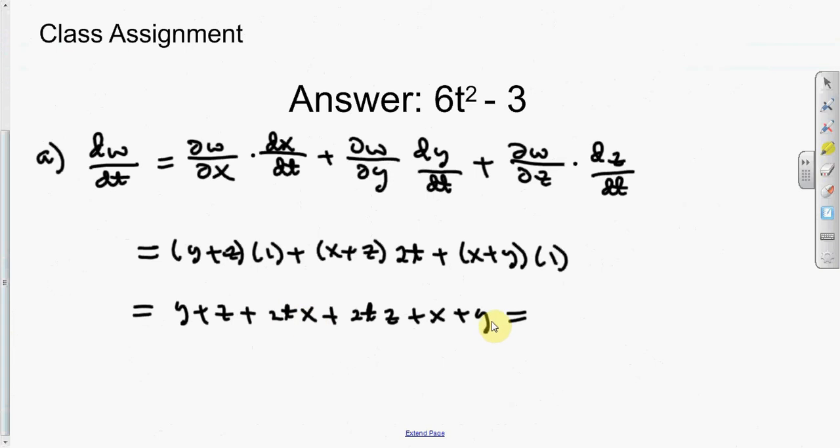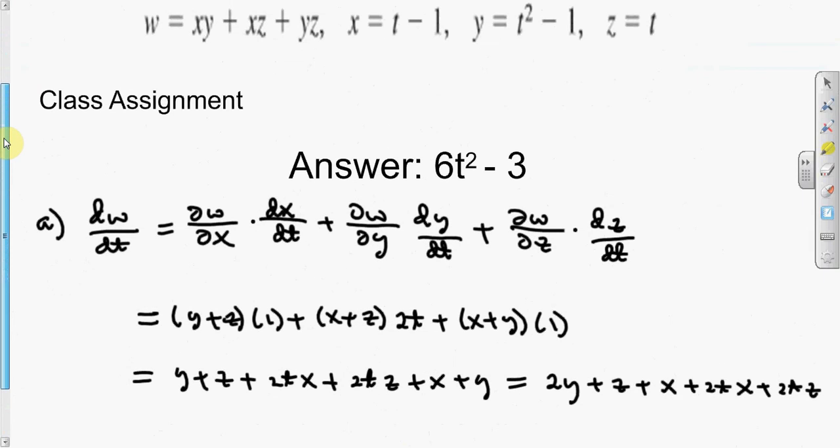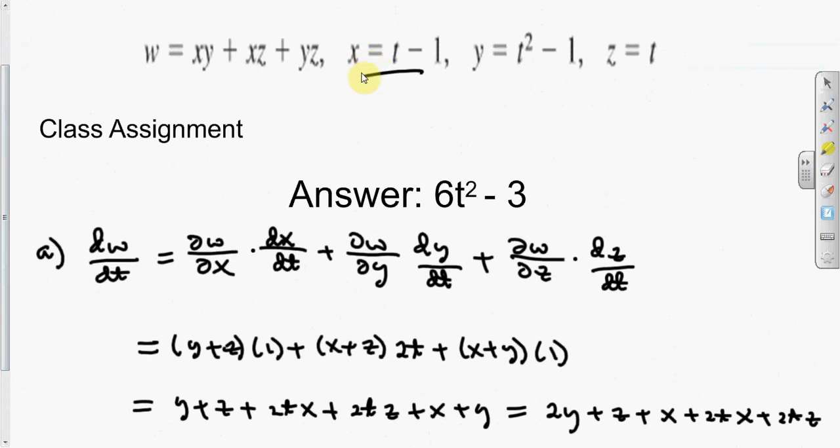This is y plus y, so that's 2y, then plus z plus that x, and then plus the 2tx plus 2tz, and what remains is to replace the x, y, z with what they were up here. X is equal to this, y is that, and z is this guy.